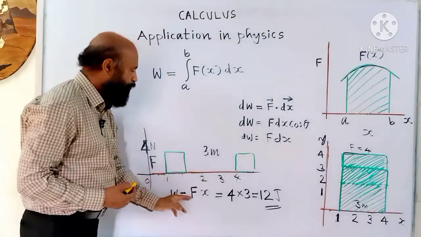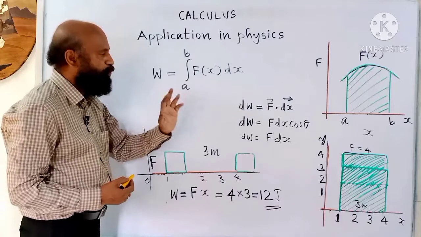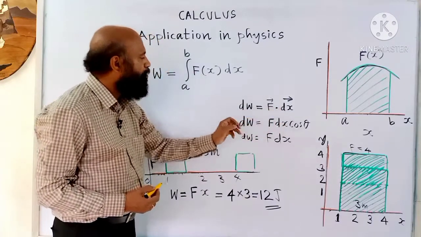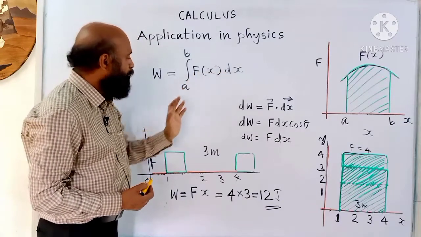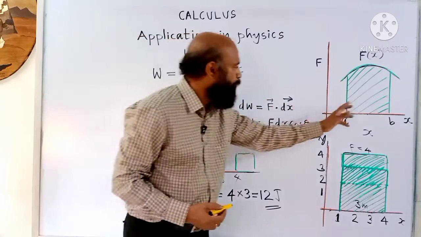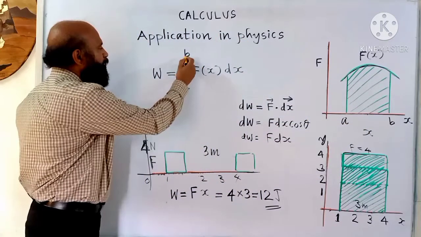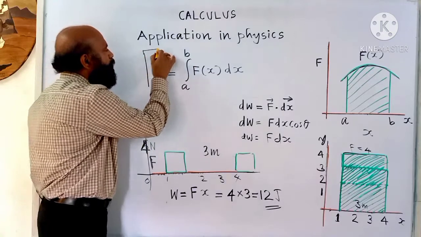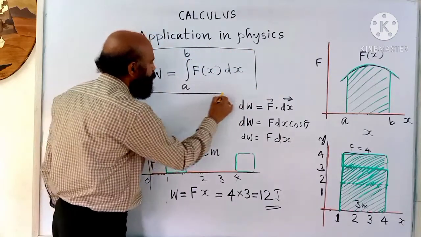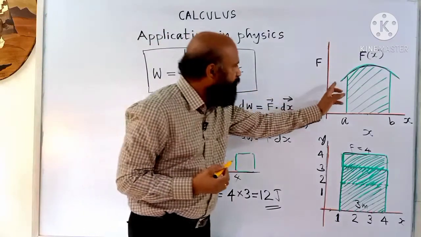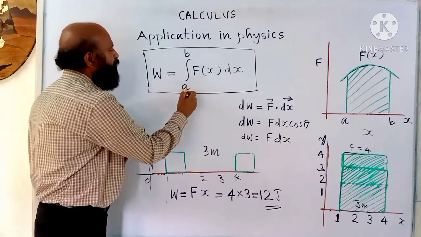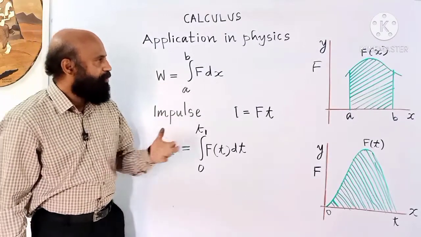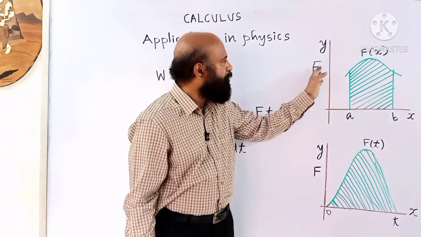Now instead of f into x, it is f into dx. It's a one-dimensional motion, so it is f into dx. Then the body is moving from the position A to B, so we have to integrate between A and B. So in physics, work is the area under this graph, and that is given by the integral of f of x dx, from A to B. Work is given by the area under the force displacement graph.